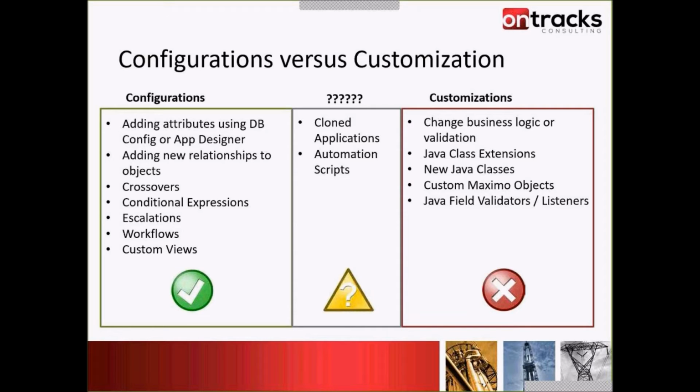I have several that fall into the middle, and they're all automation scripts. And then I have several that are just straight up configurations. So just to be completely clear, again, automation scripts, I'll leave it to you to decide whether that's a customization or not. I think the reality is if you want to do a lot of interesting things with Maximo these days, you're probably going to at some point run into some automation scripts whether you like it or not.